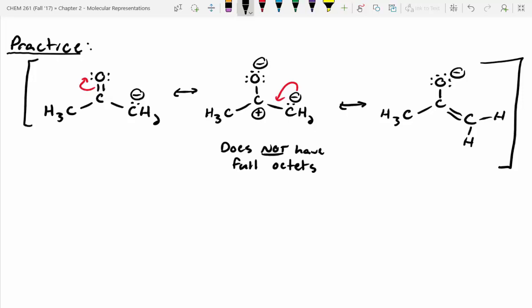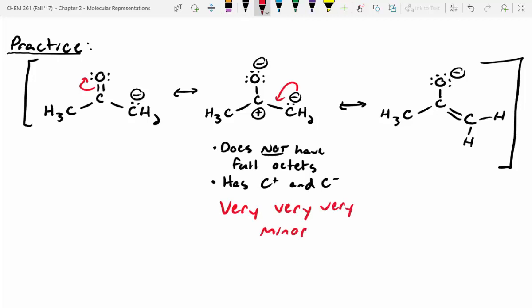C plus and C minus. It's got excess charge, that's one. And then rule number 4 said avoid drawing molecules with C plus and C minus. So this one doesn't have full octets, and it has a C plus and a C minus. That means that this is very, very, very minor. In fact, you don't need to draw it.